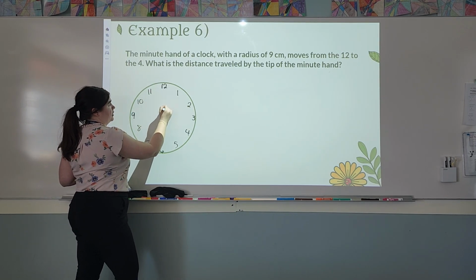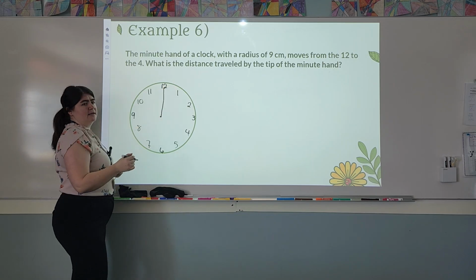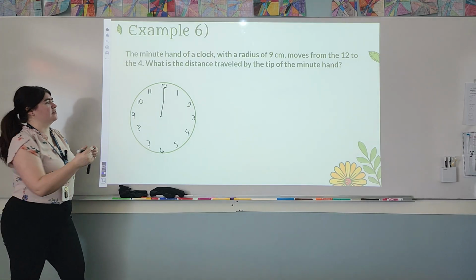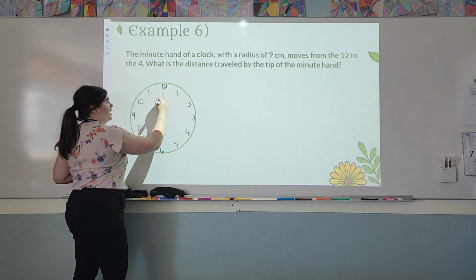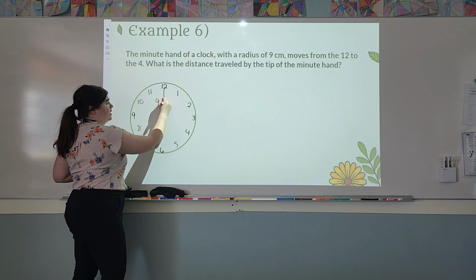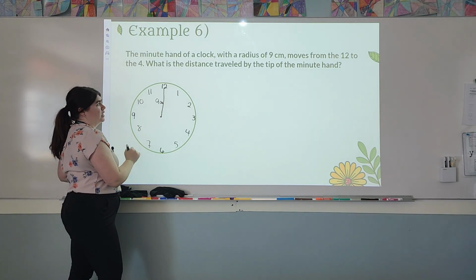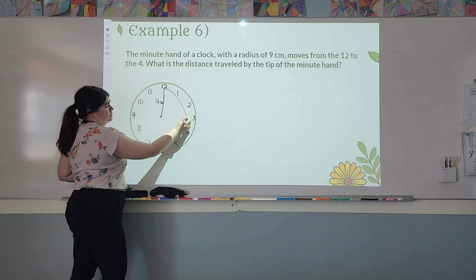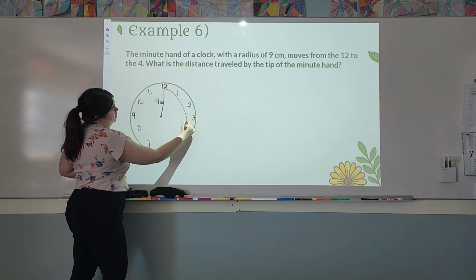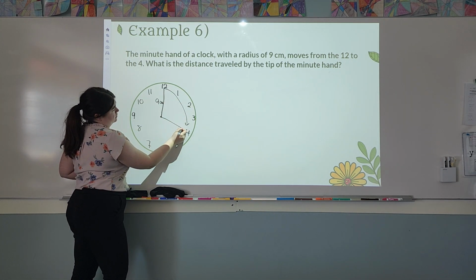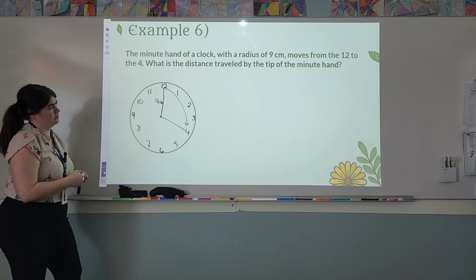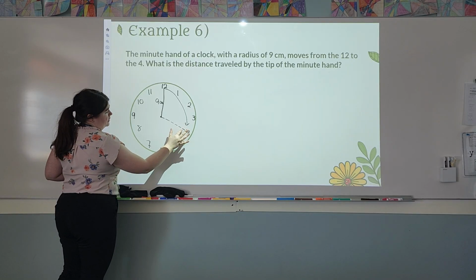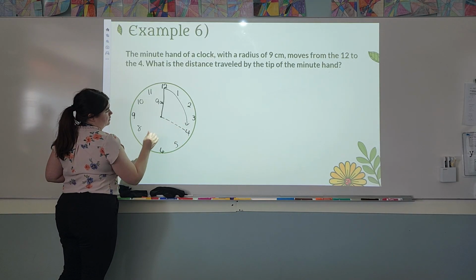The minute hand of a clock is the longer hand. Our minute hand has a radius of 9 centimeters. So it is 9 centimeters long and is traveling from the 12 to the 4. If it's helpful, we'll make this one dotted.